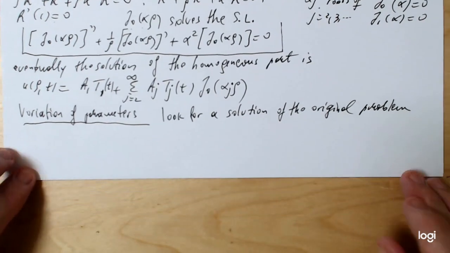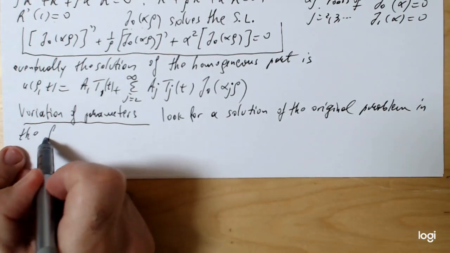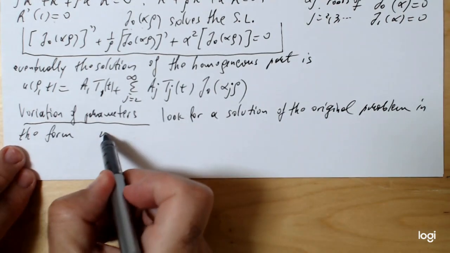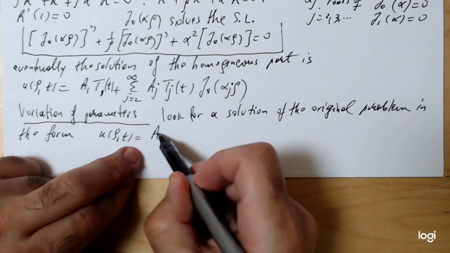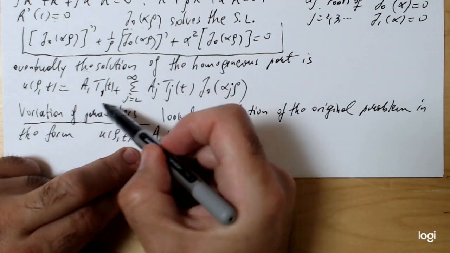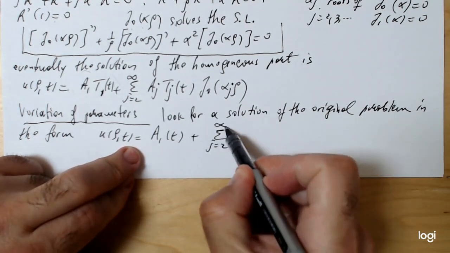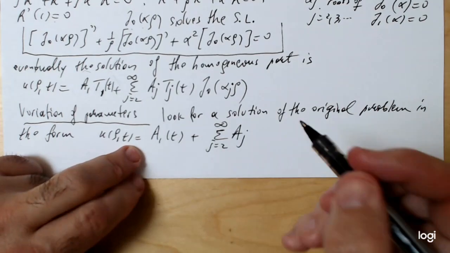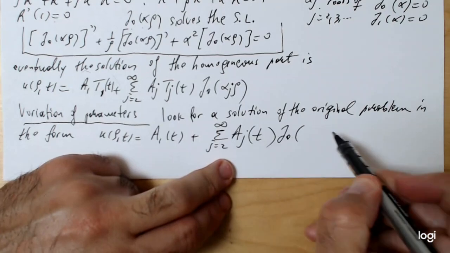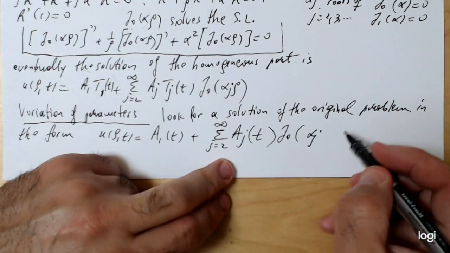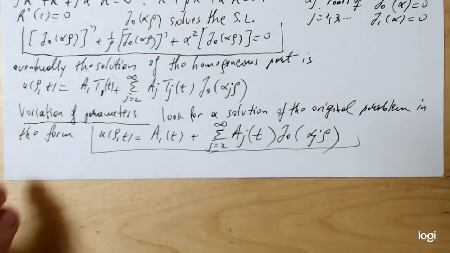So you look for the solution of the original problem in the form u of rho, t equals some unknown function of t, which is yet to be determined, and then the summation of some unknown function, I'm going to use the same letter aj of t, times the Bessel function J naught of alpha j rho. This is basically the main idea.